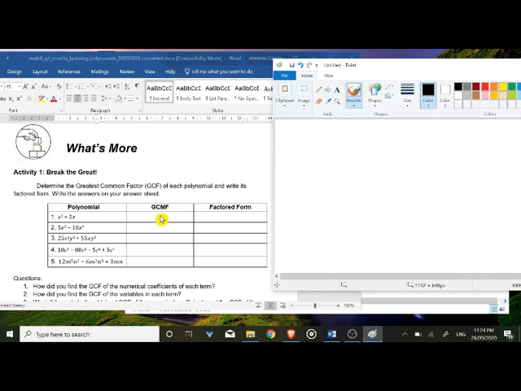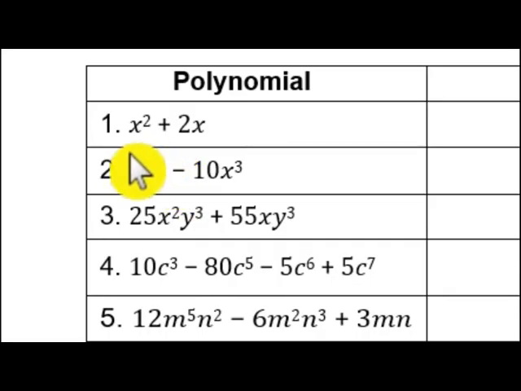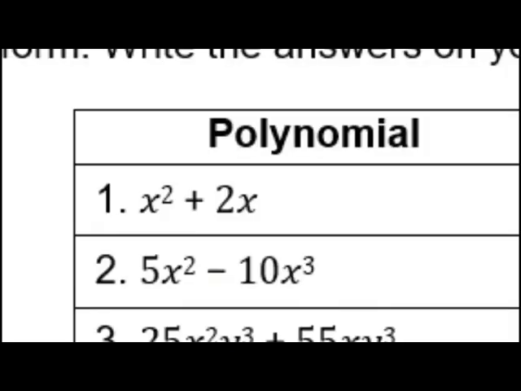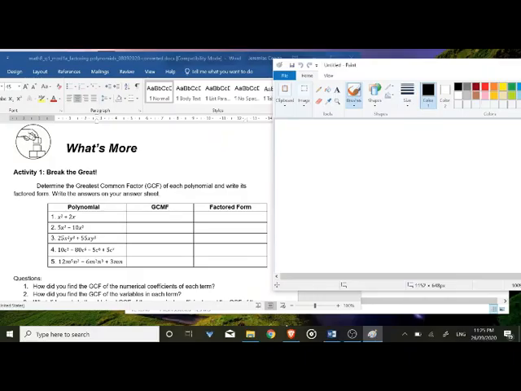Paano hanapin ang greatest common monomial factor ng polynomial? Say x squared plus 2x. So first, i-expand po natin ang bawat term ng polynomial. So we have the first term x squared plus 2x.